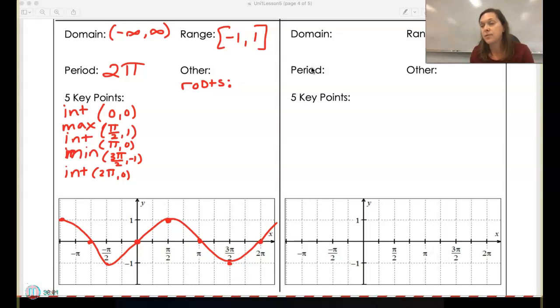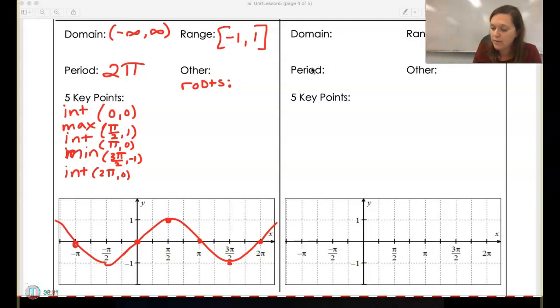So pi, 2 pi, 0 pi, -1 pi. Was I off on that one, down here? This should be at -1 pi. There we go. So your roots are occurring at all the different pi's.